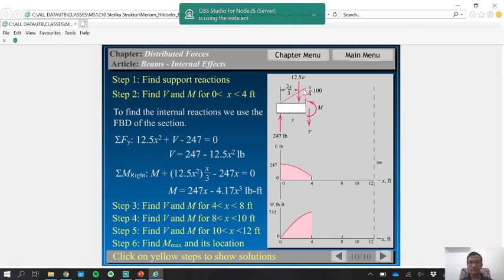Because it's linear, as long as we know the equation, we can find the concentrated force which can represent the distributed force.